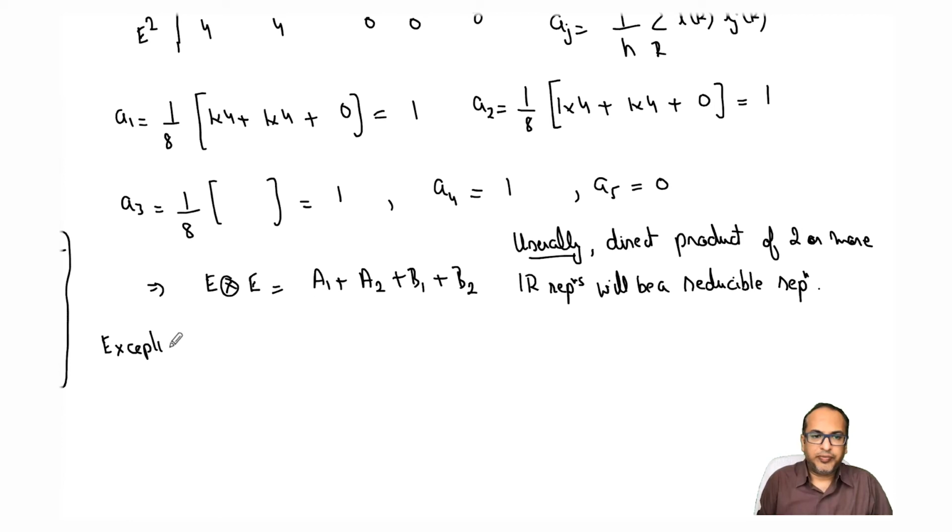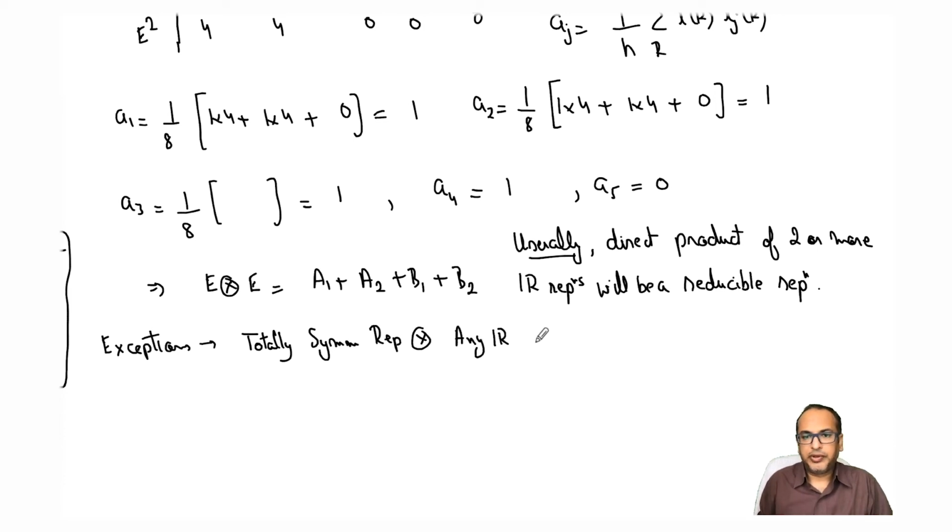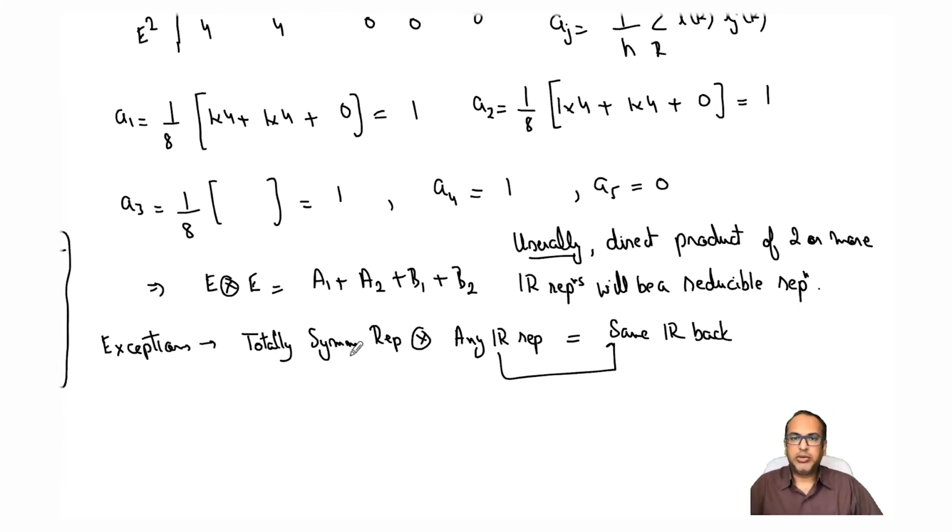The exception is if you are multiplying the totally symmetric representation into any IR, what you will get is that same IR back. Because the totally symmetric representation is all ones, multiplying anything with all ones will not change anything, and you will get the same IR back. That is very easy to see, right?